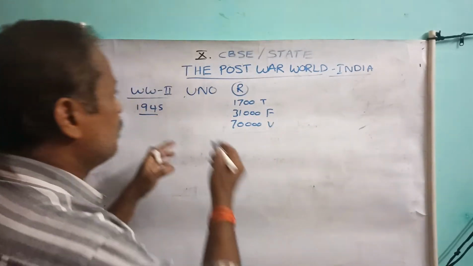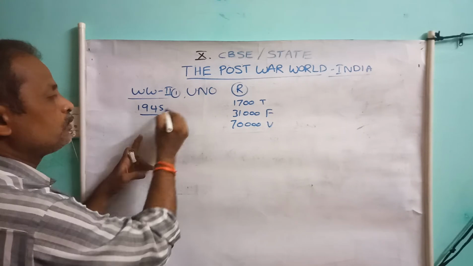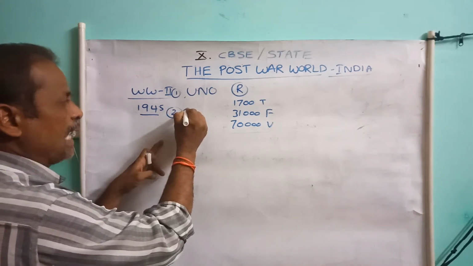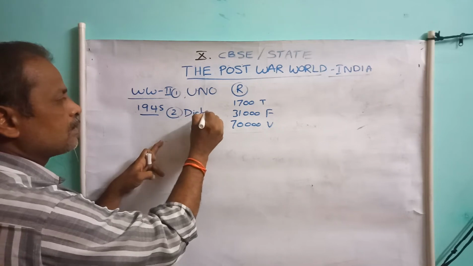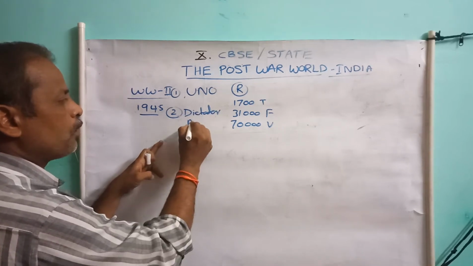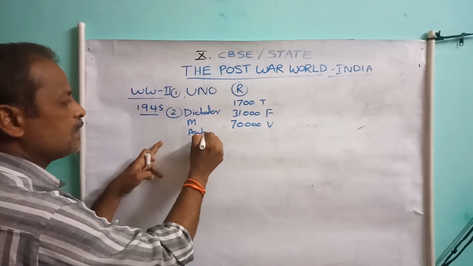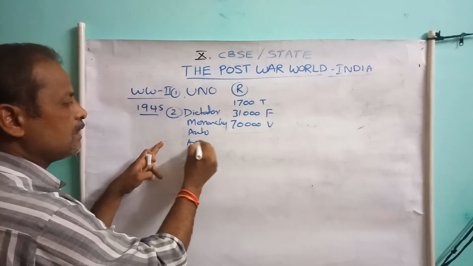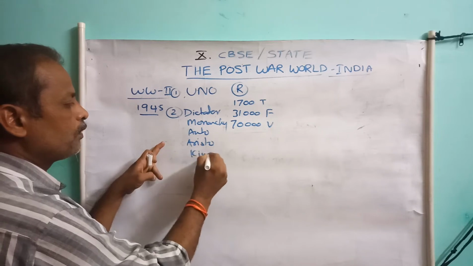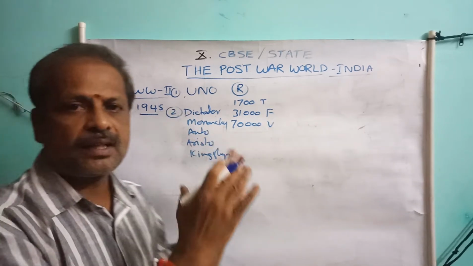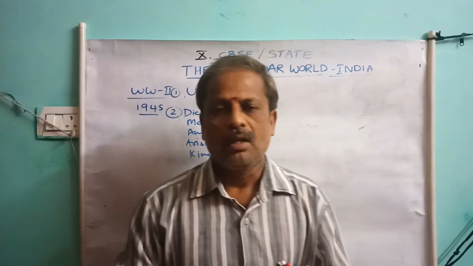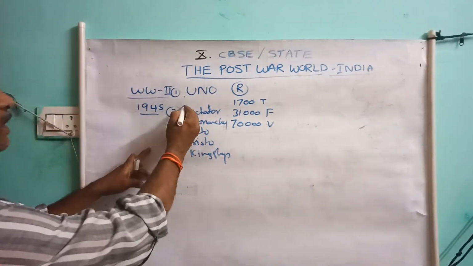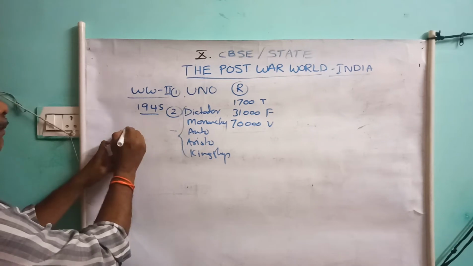One is the formation of UNO, and number two is that in most countries, dictatorship, monarchy, autocracy, aristocracy, and kingship, all these different ruling systems slowly came to an end and were replaced by democracy.